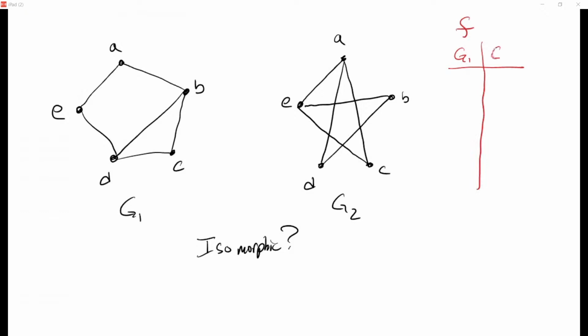Here's G1, here's G2, A, B, C, D, E. So what can I map to what to make this function correct? And then we'll talk about strategies. This one's quite a bit more complicated than the other one.